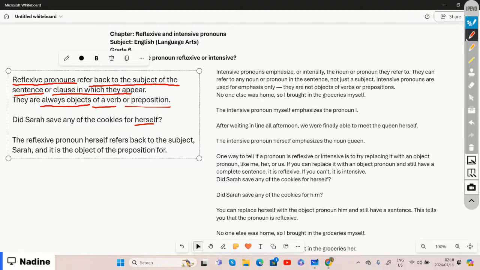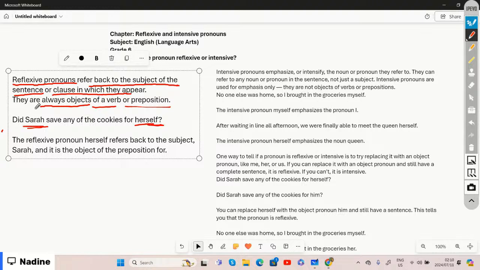Like we say, our reflexive pronoun needs to refer back to the subject. If we are talking about herself, the one I just underlined, then it is referring back to Sarah. So if we say, did Sarah save any of the cookies for herself, then herself is referring to Sarah.